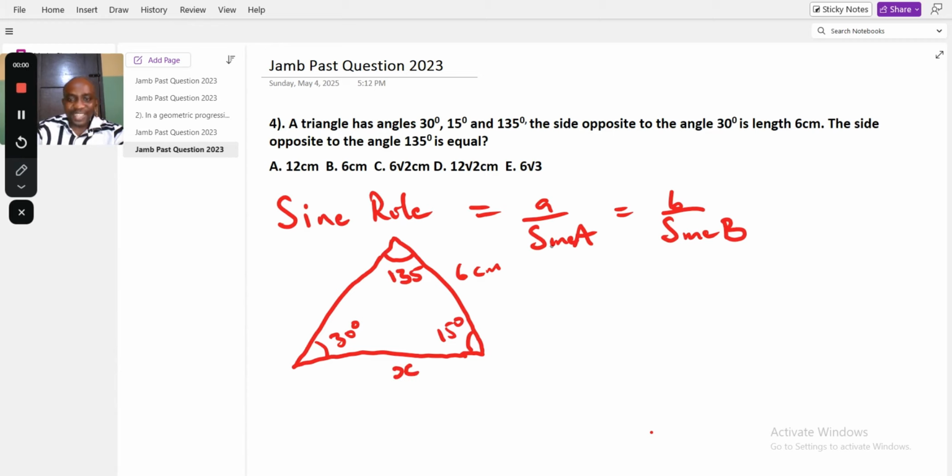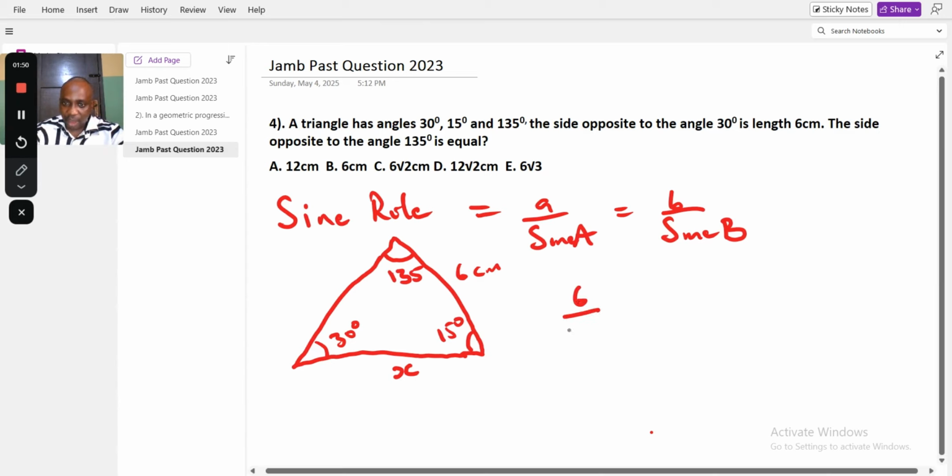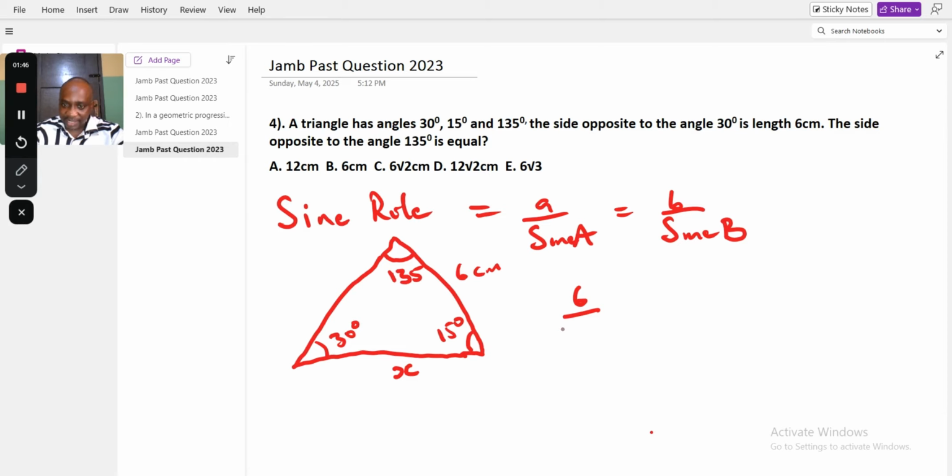Now let's apply this formula to solve this question. Side 6 over the angle of this 6 side, which is sine 30. The other one, the side x, what is the angle opposite this side?